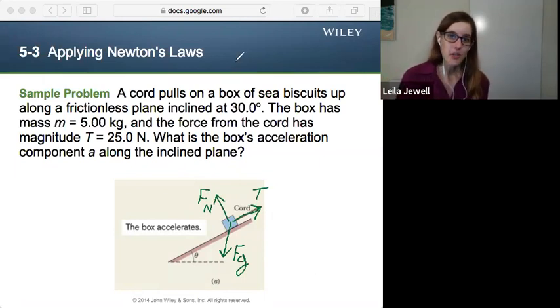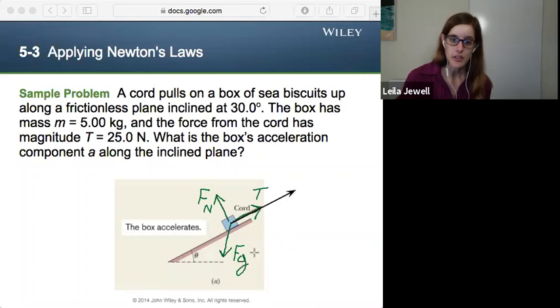So when we're analyzing it, we want to rotate our x and y coordinate axes so we can line them up with the incline here. We can have our positive x going up in the same direction as the tension, and then similarly positive y sticking out from here.